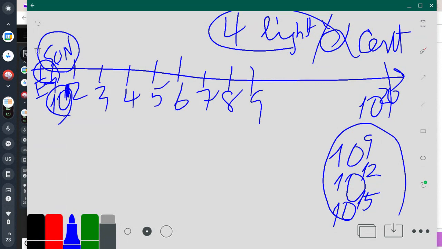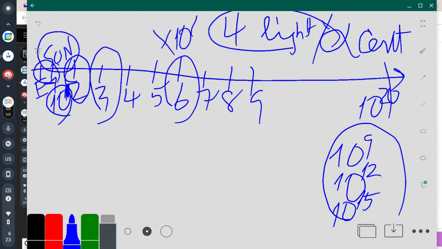Now, what does this mean? Actually, 2 doesn't mean twice. It means 100 times, right? 3 doesn't mean 3 times. It's 1,000 times. 6 doesn't mean 6 times. This means a million times.